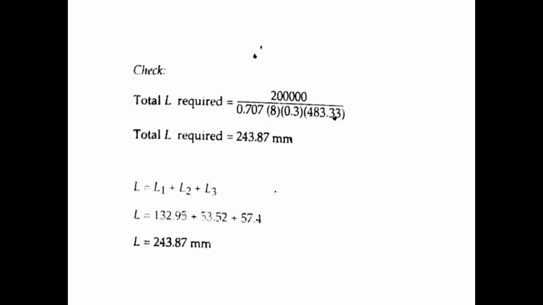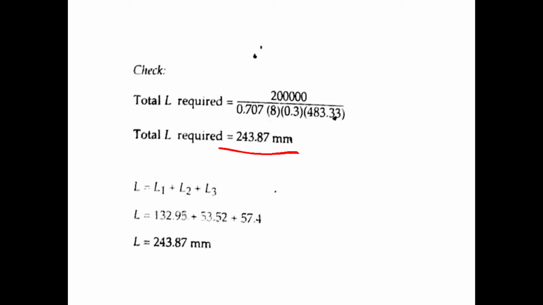So to check, we have the total L required, which is 200 over 0.707 multiplied by 8 multiplied by 0.3 and multiplied by 483.33, which is equal to 243.87 millimeter.